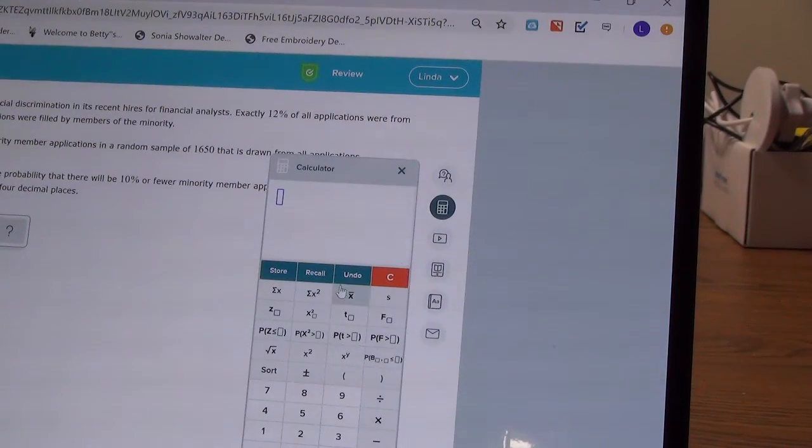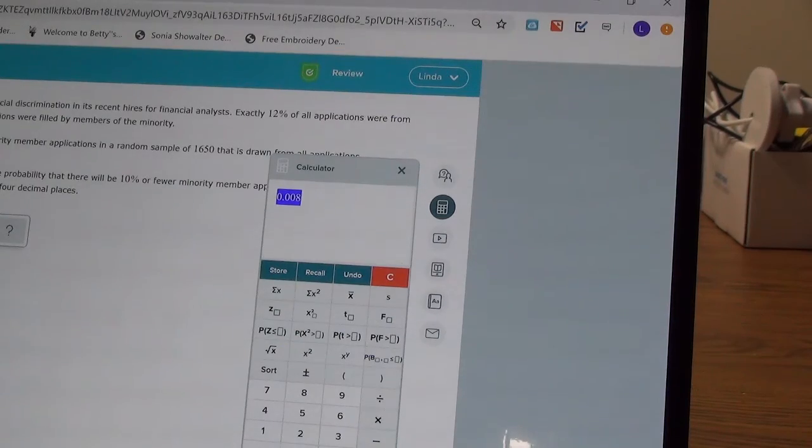And so I'm going to do the square root of 0.12 parenthesis 1 minus 0.12, close my parenthesis, highlight the part that's under the square root, divide that by n, which was my 1,650. And so if I hit equal there, I get 0.008. I'm going to write that down, 0.008.